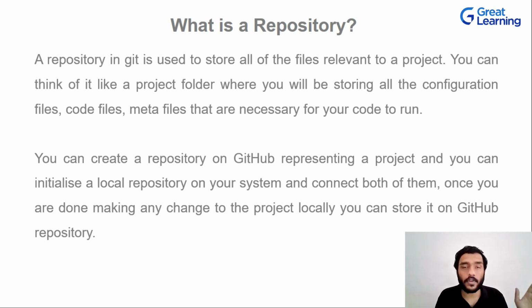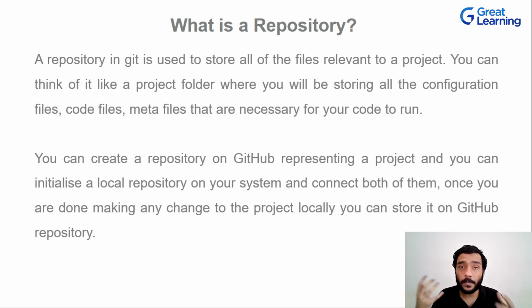And then you can connect both of them. And then when you make changes, you can easily push these changes on there and pull new code from there to your local system, right? So we'll discuss that in detail when we're talking about what Git is. Right now, I just want to make sure that it is clear what GitHub is and what is a repository.